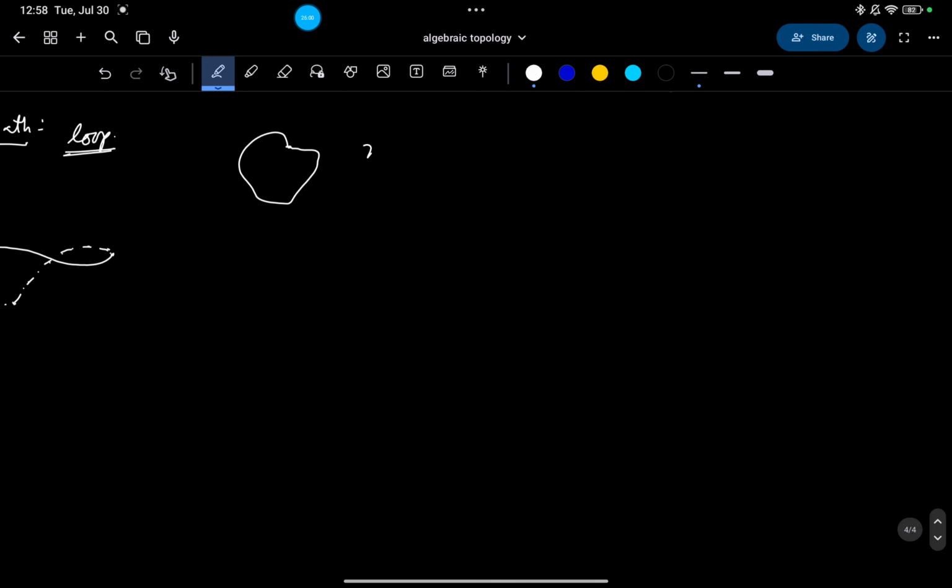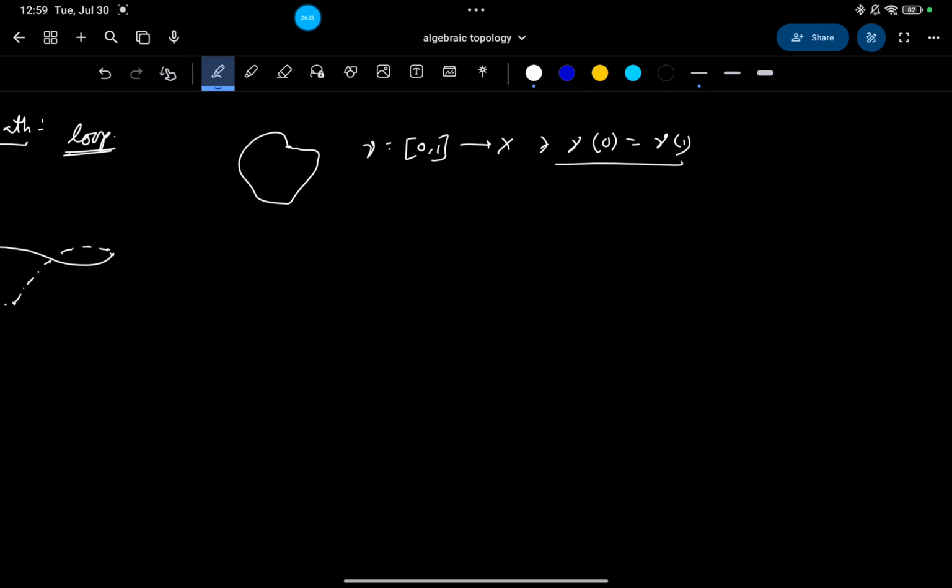So a loop is nothing but gamma from [0,1] to X, such that gamma of 0 is the same as gamma of 1. As it is a loop, the homotopy property is the same as for a general path in a topological space.